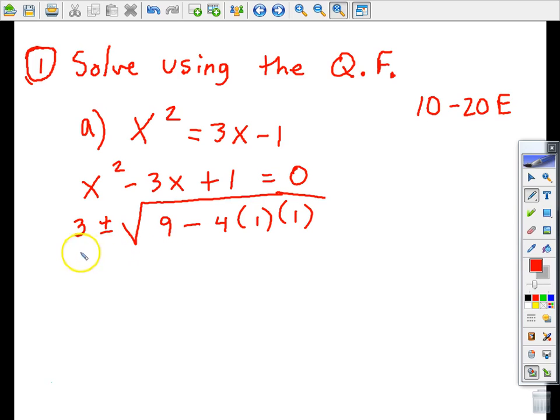We'll just show it written out like that, and then we'll come back and simplify. All over 2 times 1, a is 1, which is just 2. Of course, x is going to equal all of this.